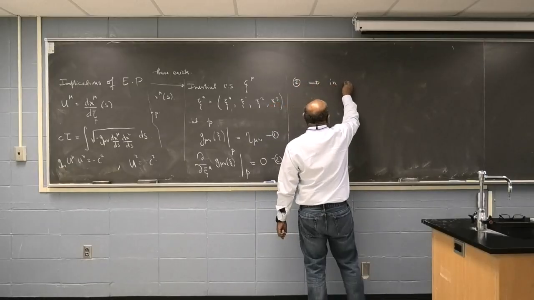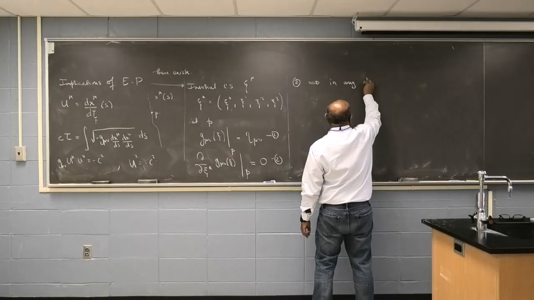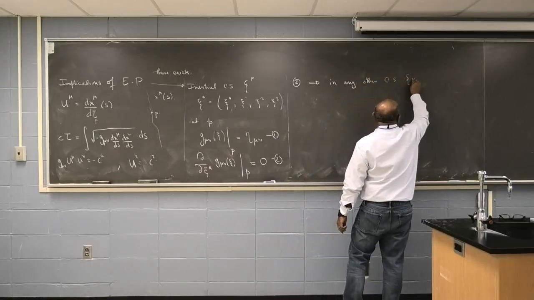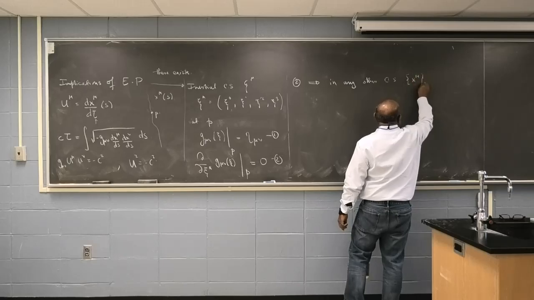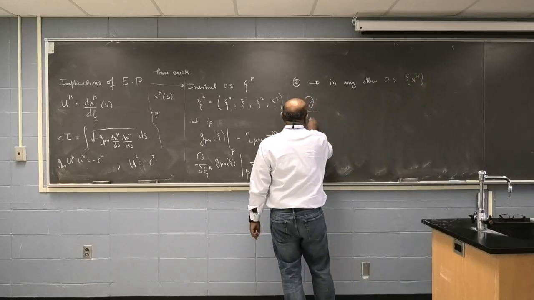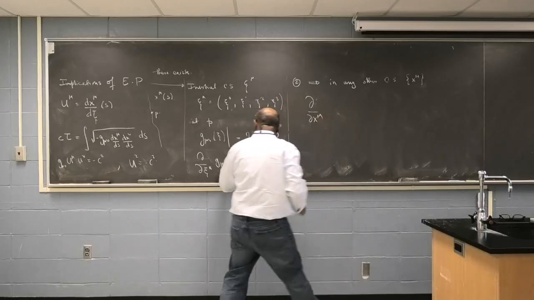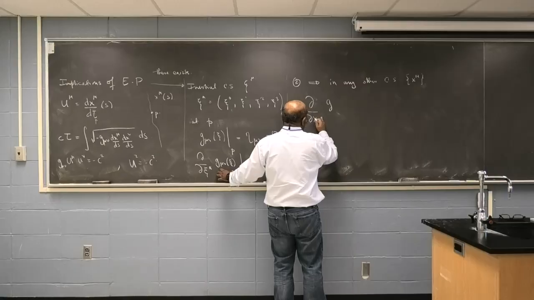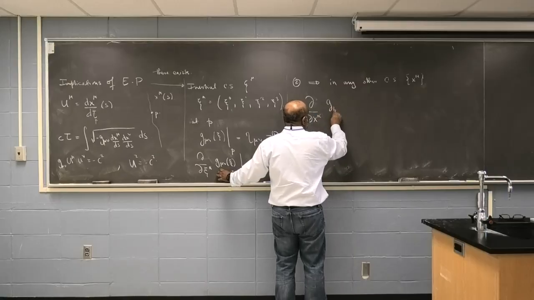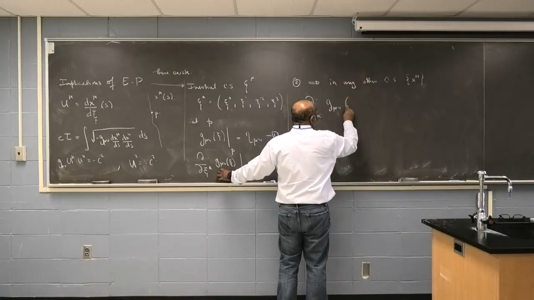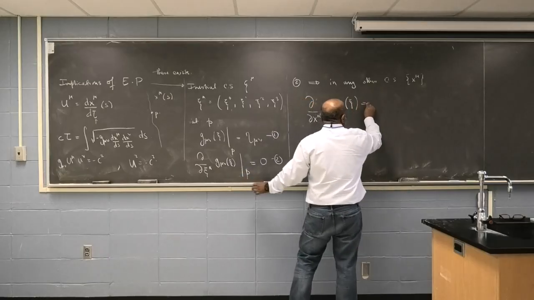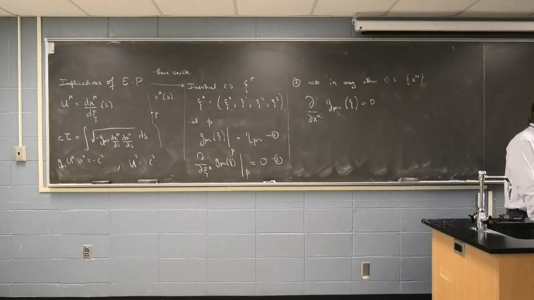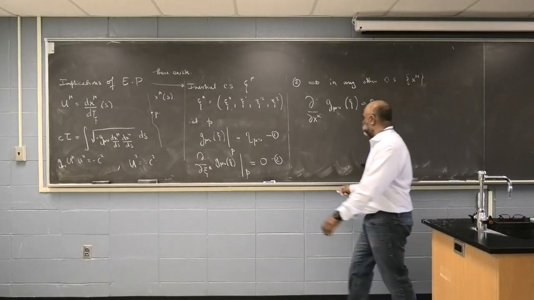In any other coordinate system, x^μ, dx^μ of the same object. Oh, let me put a different index. ∂/∂x^α g_{μν} of ψ is 0. Not just an inertial, but any other coordinate system.